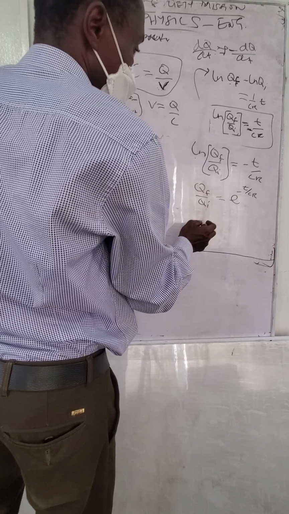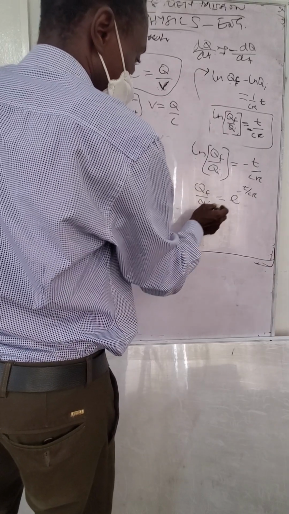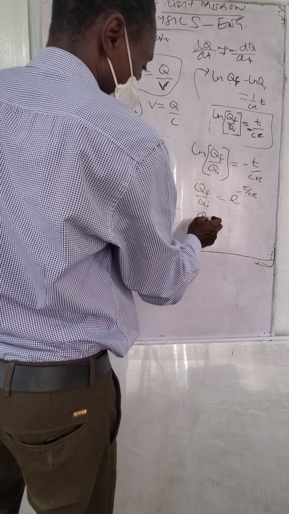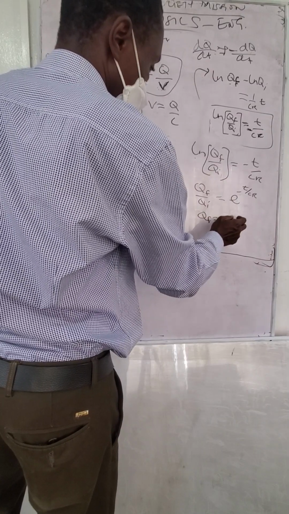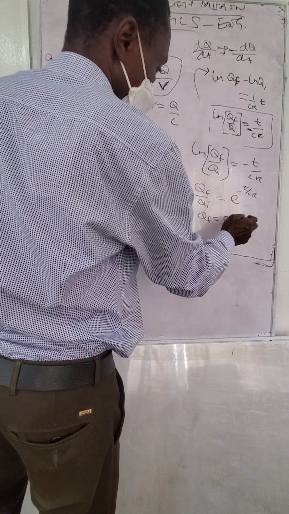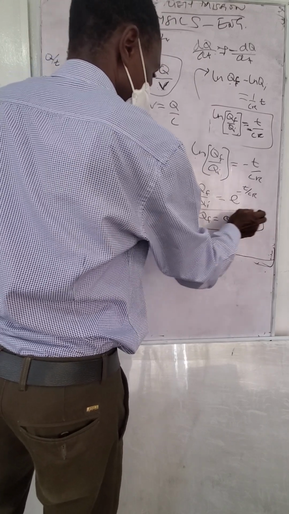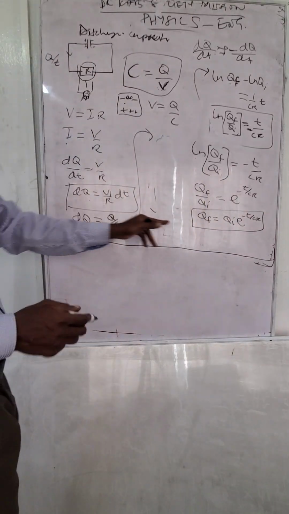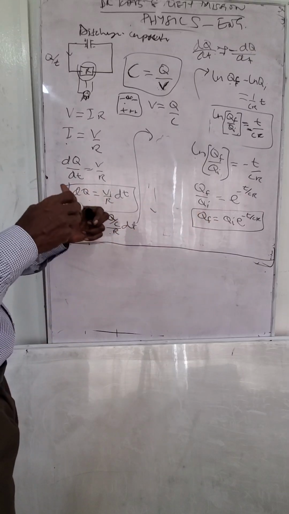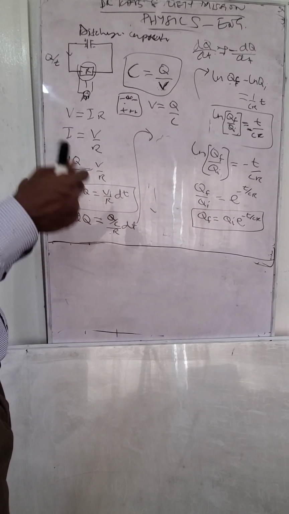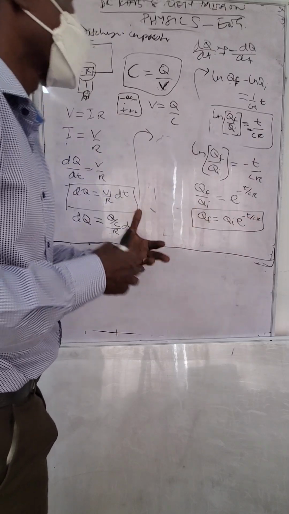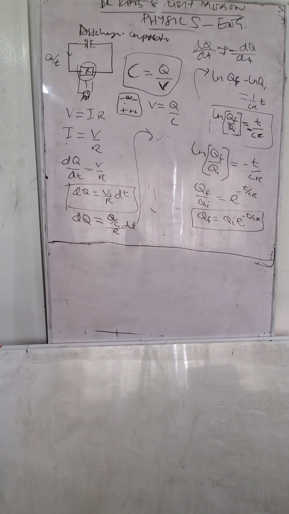You can also rewrite this as q final is equal to q initial e to the negative t over CR. So when the capacitor is discharging, this would be the relation for the charge going according to time. This would be the relation to use for your calculation.